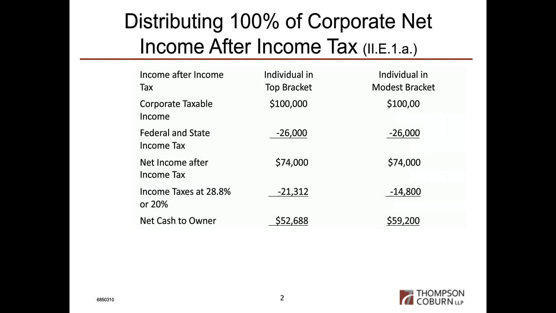Now on the right column, let's go through the numbers for an individual in a modest tax bracket. Inside the C corporation, we don't care what the shareholders' tax rates are. There's going to be $74,000 left net after the corporation pays its income tax. Now I'm applying to that $74,000 on the right-hand side a 20% federal and state tax rate, and that consists of 15% federal capital gains.